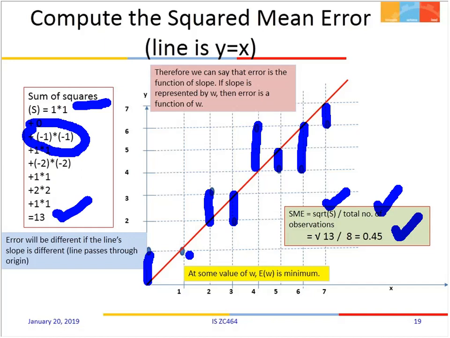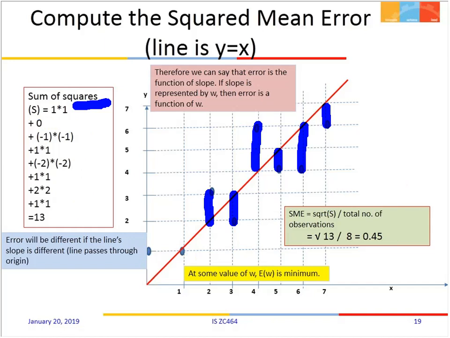See, I'll just clean this up, and I will write one expression. Say y is the actual value, the y value of the point, and y dash, let me write, is the predicted value.